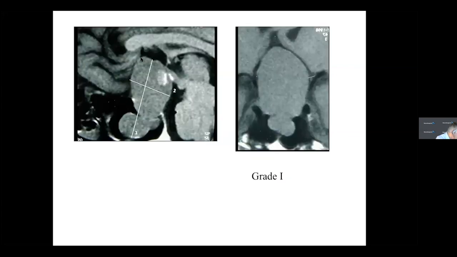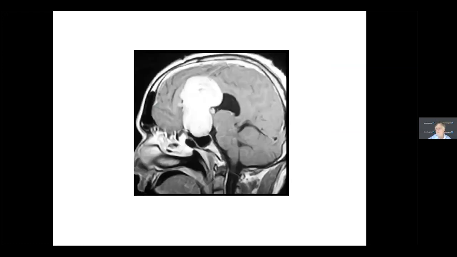The diaphragm remains intact. The tumor does not go into the cavernous sinus. Those kinds of tumors we graded as grade 1 tumors. You see this tumor is going right beyond the corpus callosum, but the entire diaphragm, or the dura of the diaphragm, is going to be intact.